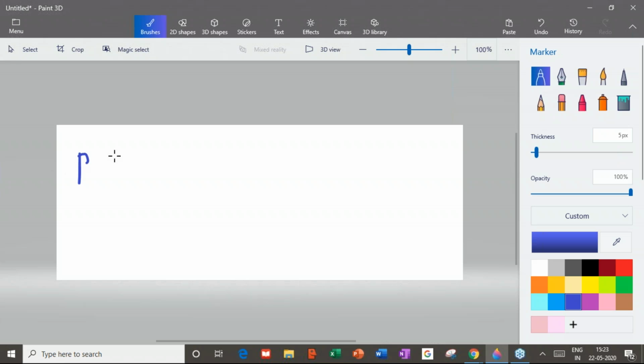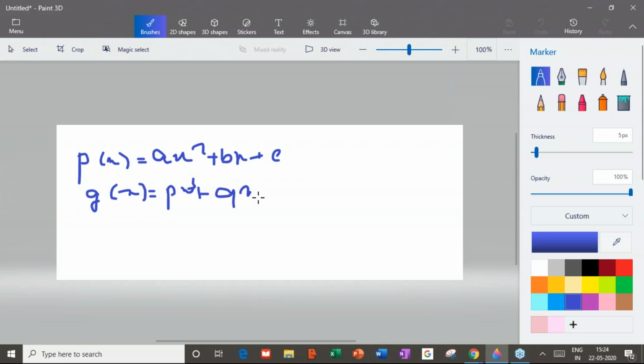The question is the remainder on division of, right? So p of x is ax square plus bx plus c, and g of x is px cube plus qx square plus rx plus s. Yes, it is the other way around. I made a mistake. Correct. Okay, so yes, some of you are answering here.